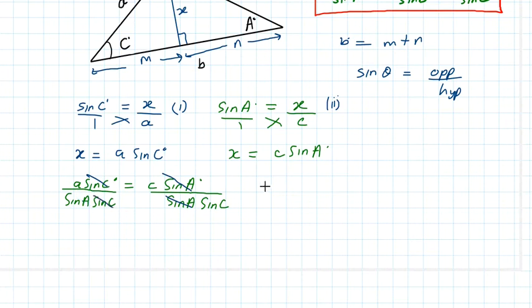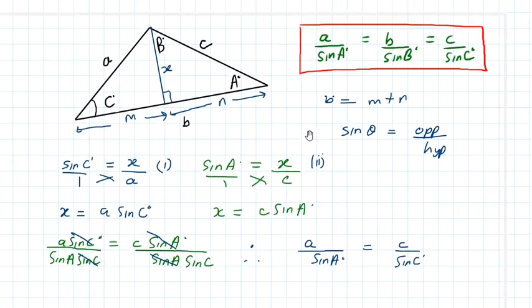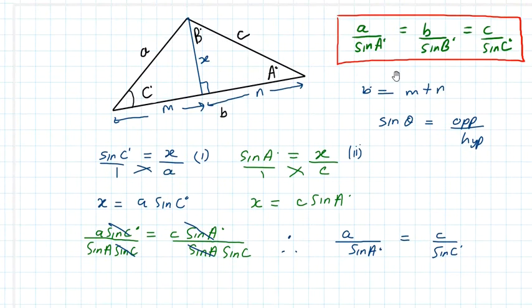Okay, so this will give us a over sine A equal to c over sine C. But it's not yet complete because we haven't got sine B. So we haven't got the term b over sine B.